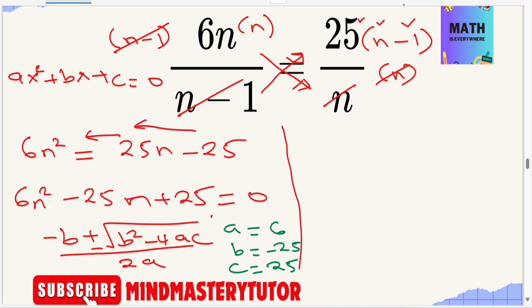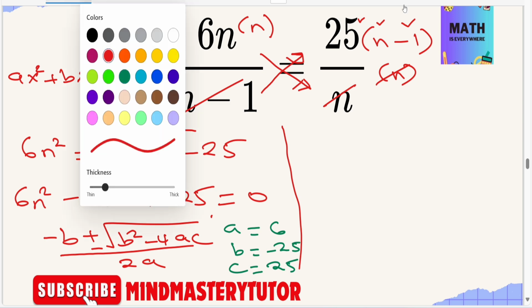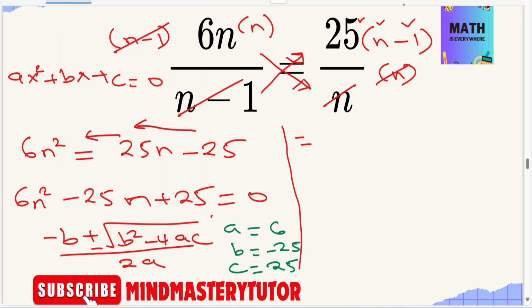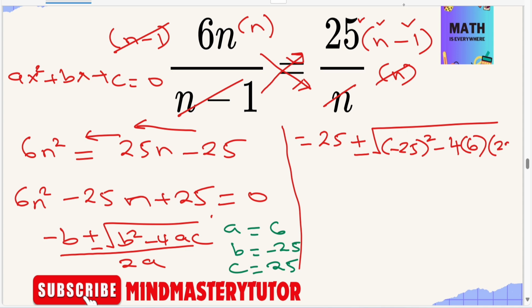Okay up to there? I think we are together here. So minus b will be positive 25 plus or minus the square root of b squared, which is minus 25 squared, minus 4 times a, which is 6, times your c, which is 25. So I just substitute, divide by your 2a, your 2 times your a, which is 6. So in short, 2 times 6 you already know.